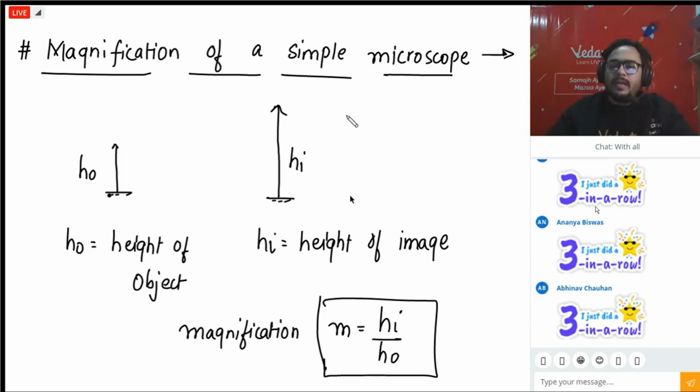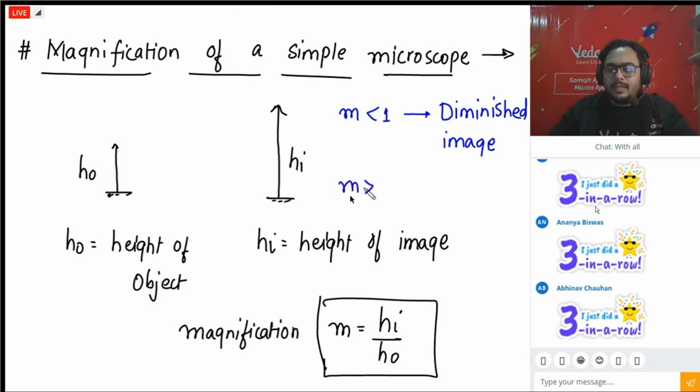If your magnification is less than 1, then your image is a diminished image. You must have heard it in childhood, diminished image, right? And if your magnification is greater than 1, you have an enlarged image.